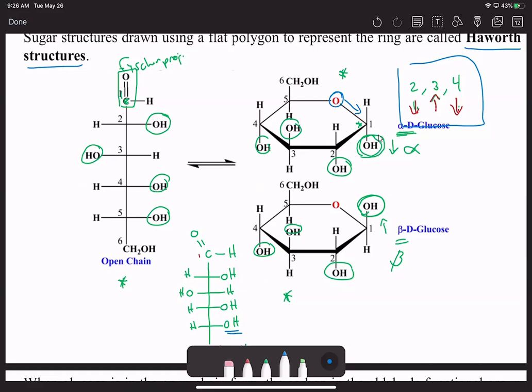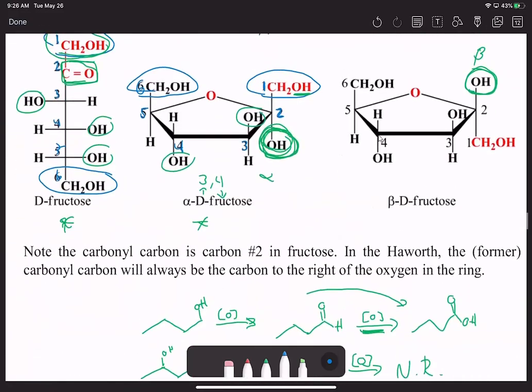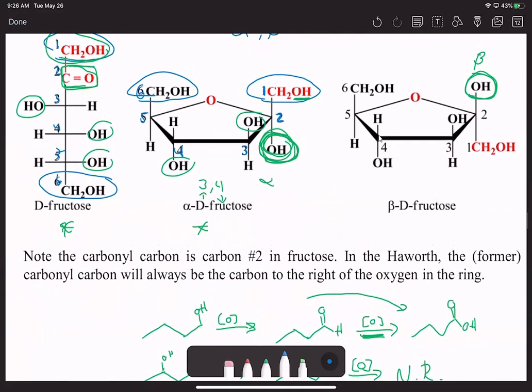If the sugar has 5 sides, like this one, that particular carbon right there is going to be carbon number 2.